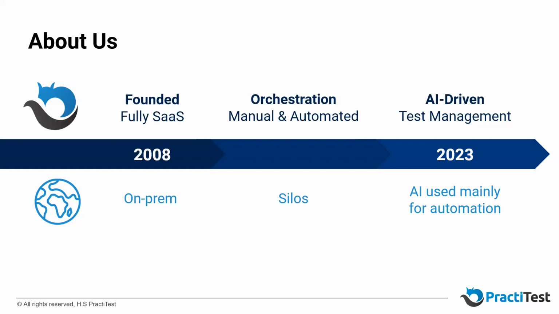When we were founded, we weren't founded by people who thought, oh, we're software engineers, let's go and create a product. It was actually founded by testers for testers. One of the founders of PractiTest was in a big enterprise company in telecommunications, and he was head of testing there. He was using products like QC, and he realized the limitations of QC.